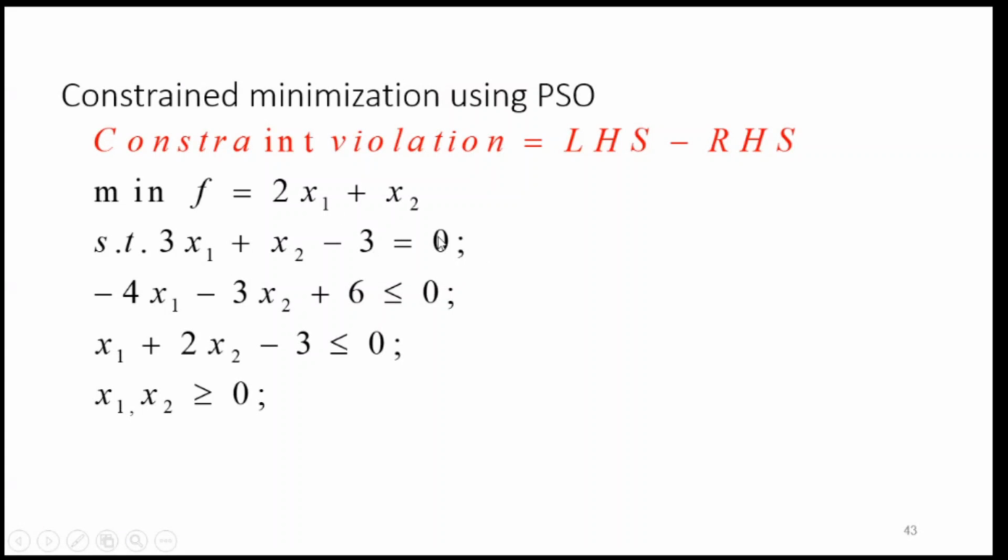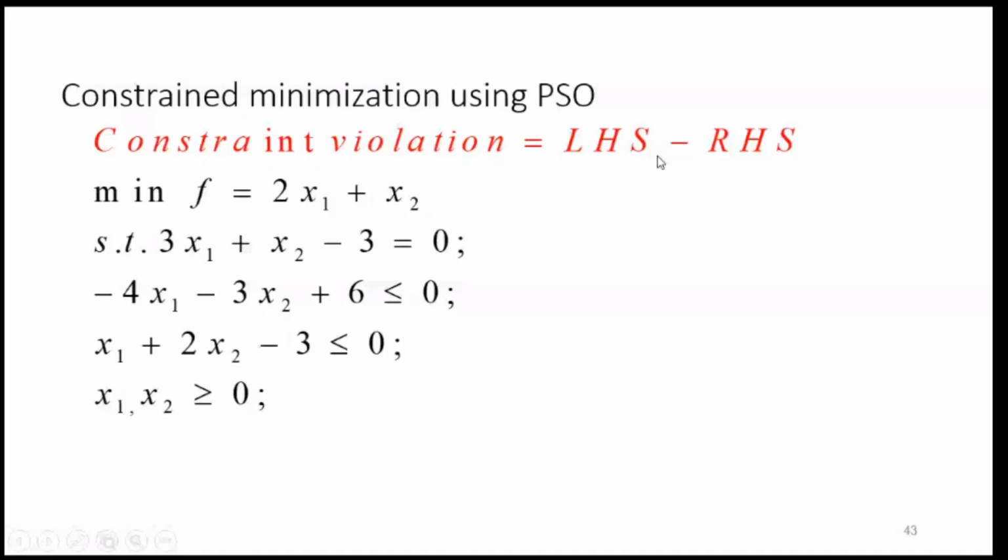It means LHS minus RHS, take this on the left hand side, LHS minus RHS should be equal to 0. Right? So constraint violation is nothing but the LHS minus RHS of the constraint. And this difference should be very near to 0, or in a perfect sense, it should be 0.